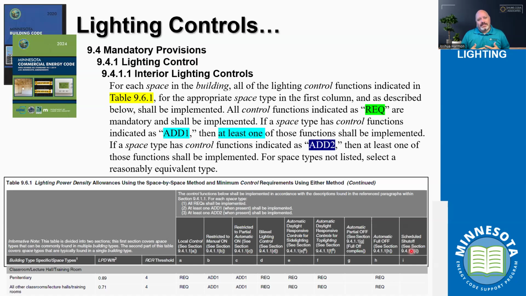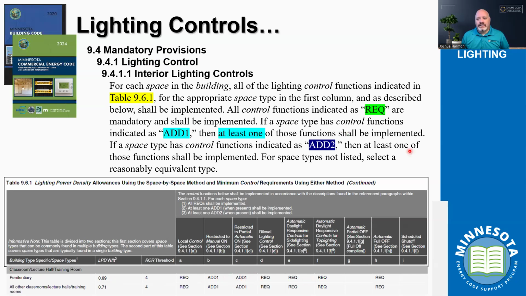Each one is a little bit different in that we have to go back to these tables to find out, if I'm in a classroom, or in a penitentiary, what am I required? And what is at least one of my additional functions that's going to be provided?